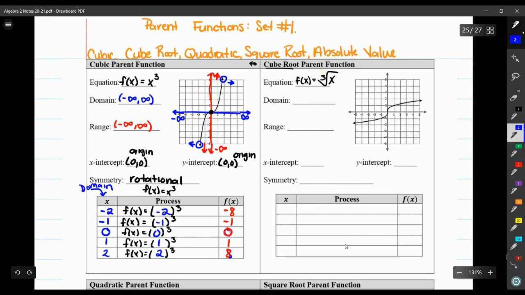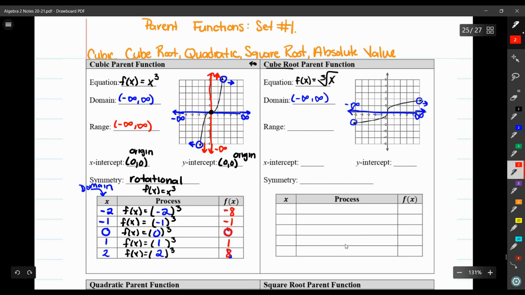Now let's look at domain. So domain is, we have this going to -infinity. And on the right, we also have another arrow also going to +infinity. So just like its almost twin, it also has a domain of all real numbers, -infinity to infinity.